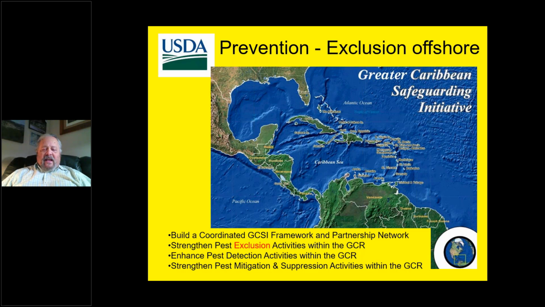There could be enhanced pest detection activities, and then there could also be methods employed to mitigate and suppress fruit fly populations in countries that might allow it to be moved to other countries. And in no small part would have been something like Florida being something that we would have been interested in safeguarding, certainly from some of these other fruit flies.